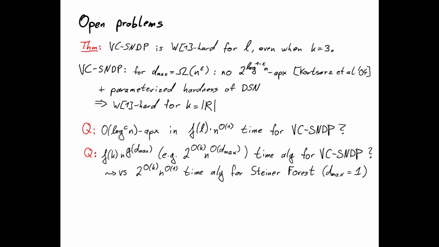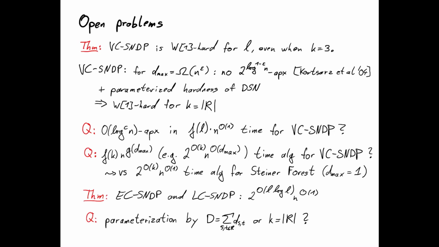So for example, there could be a 2^k n^{d_max} algorithm. And this would somehow be very nice because it would bridge the gap to Steiner forest, where the maximum demand is 1 and for which there is a 2^k poly(n) algorithm, right?